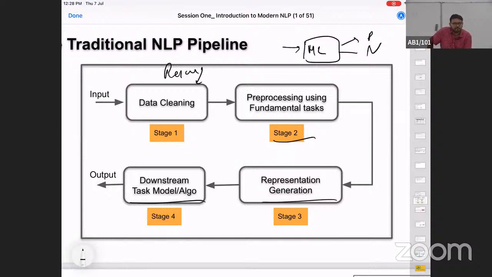We'll see the different stages of this pipeline with examples, and then we'll move from traditional NLP to the new kind of NLP that we are doing these days. Then we'll do some coding practice, and in the evening you are going to have a practice or demo session on how you can train models, how you can update these benchmarks, and so on. Okay, so that's all for today.